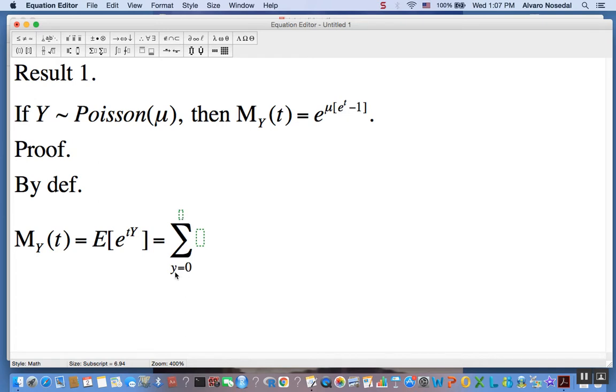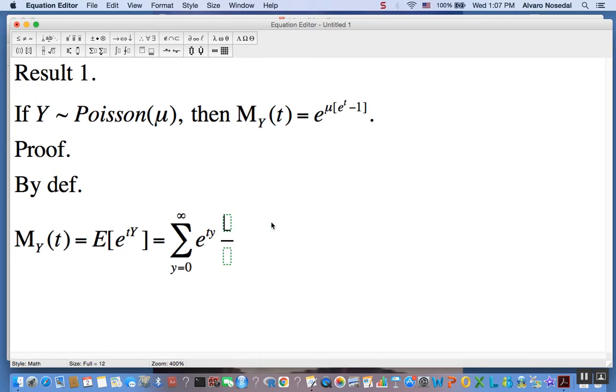And we know that the possible values for a Poisson are 0, 1, 2, 3, up to infinity. And then, since we want the expected value of that transformation, we want e to the power tY times the probability mass function.